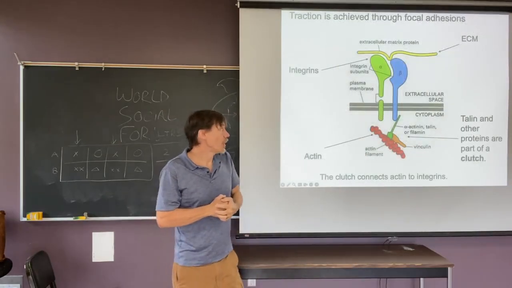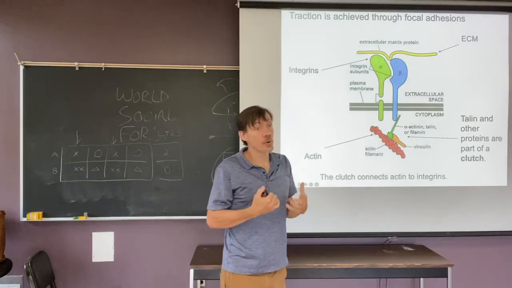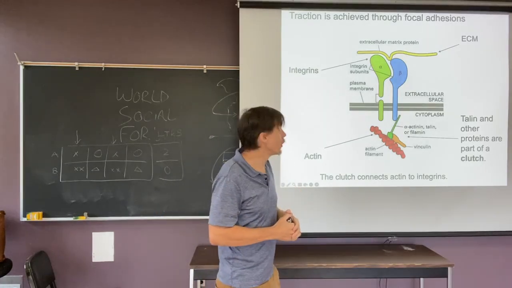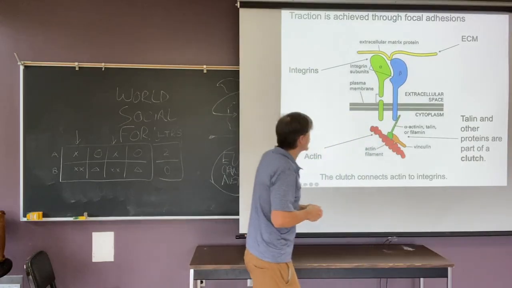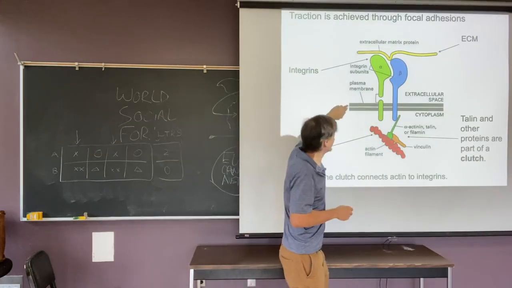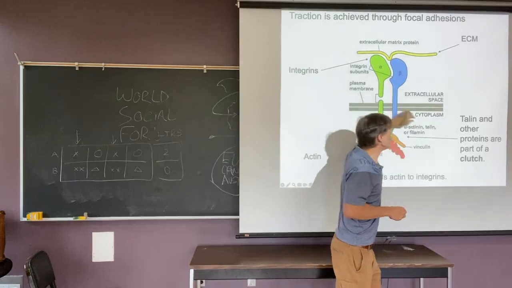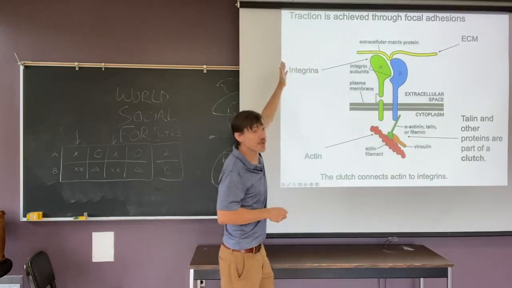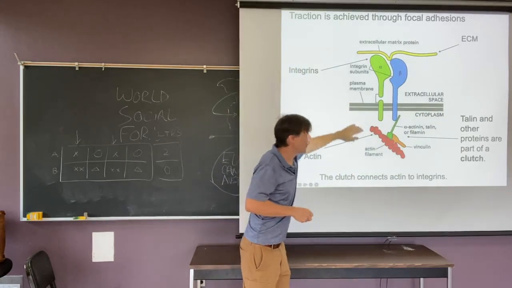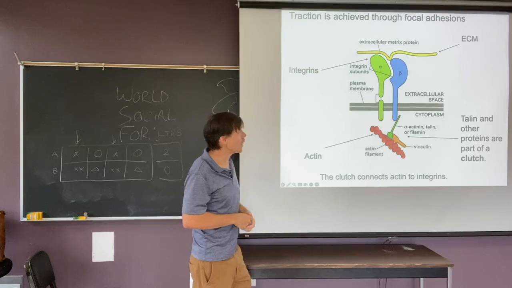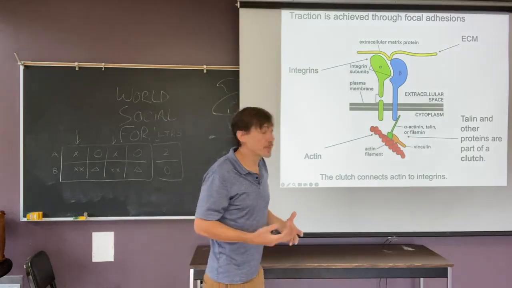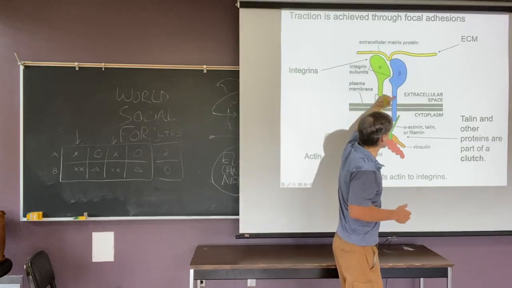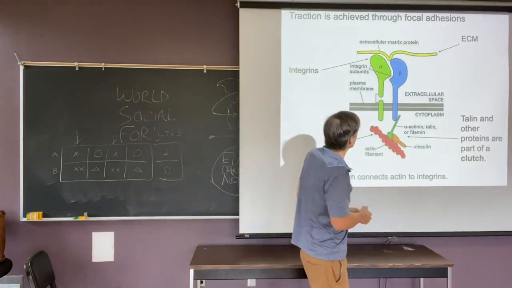In terms of the molecular basis, integrins are a really important molecule for cells interacting with the outside world. Just to get you oriented, here's the plasma membrane of the cell. The extracellular space would be towards the top, and the interior of the cell and the cytoplasm towards the bottom. Integrins are transmembrane proteins, so they cross the plasma membrane.